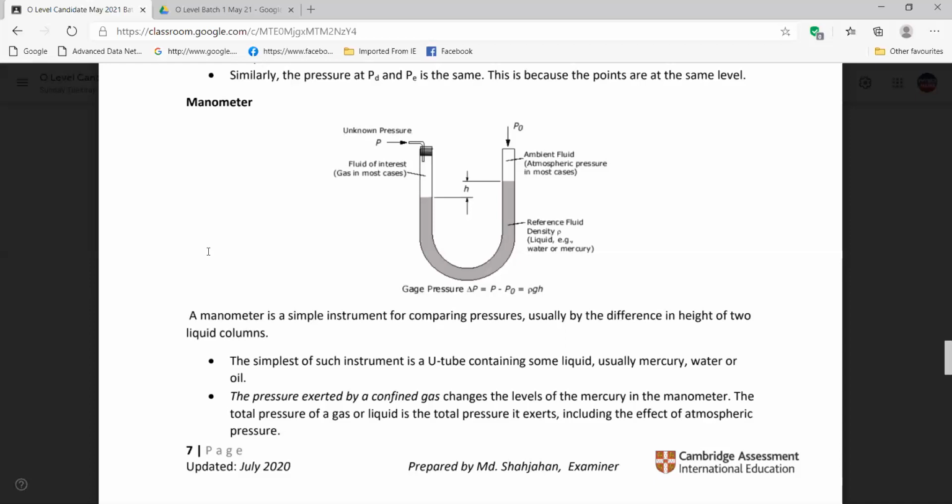You will use it oppositely, like P naught minus P will be that time. Oh, okay. Opposite way, because that time P naught is bigger, right? And the formula will be the same, rho gh, similar formula.